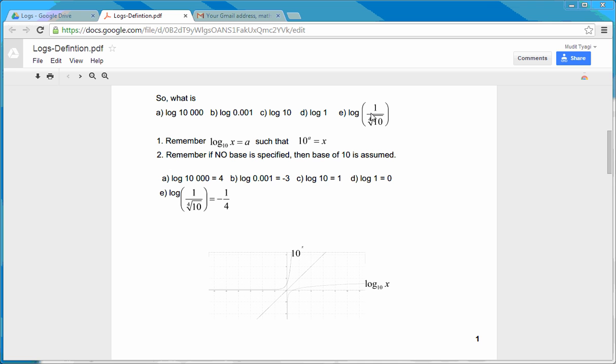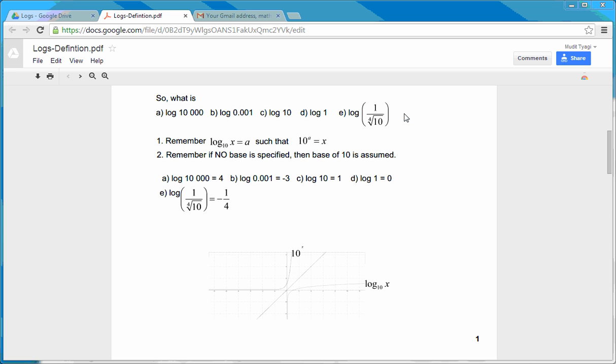Now this last one, it's an interesting one. What is log of 1 over the 4th power of 10? So remember that the denominator here, the 4th power of 10, can be written as 10 to the power of 1 over 4. And since the power is in the denominator, the entire expression 1 over 10 to the power of 1 over 4 can be written as 10 to the power of negative 1 over 4.